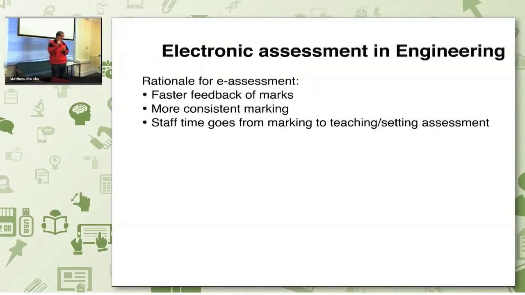The last consideration was really that the staff time, by adopting the electronic assessment, goes from the marking, which is essentially a huge amount of time with not very much to show for it at the end apart from some marks, to teaching and to thinking about setting assessment, so thinking about how best to test that the learning outcomes are met, and how to ensure that the weak students are given something to get hold of, and the strongest students are given something that's really going to challenge them.